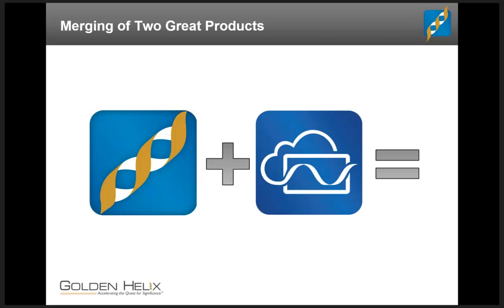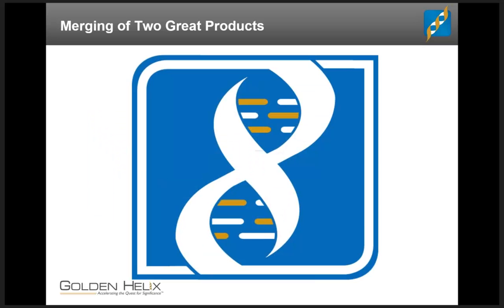Now, one thing that we're very excited about and something that we've talked about a lot over the last month or so is the merging of these two great products. So we've been in version 7 of SVS since about 2009, and it's been getting better and better as years go by. And we are now in the process of bringing together all of the advanced visualization capabilities that we designed for GenomeBrowse, merging them into SVS, and creating SVS version 8.